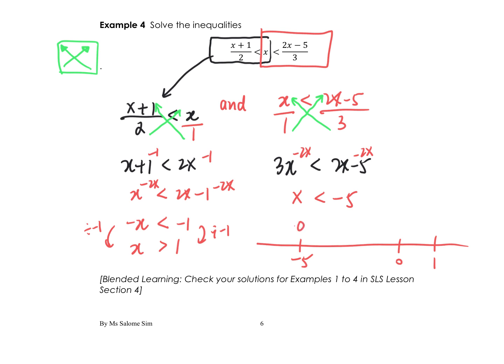So X less than -5, X greater than 1. Do they overlap? So if they don't meet, there's no solution, that's all. That means this whole range that they write there has no solution. It's unsolvable. Okay, so you just write no solution.